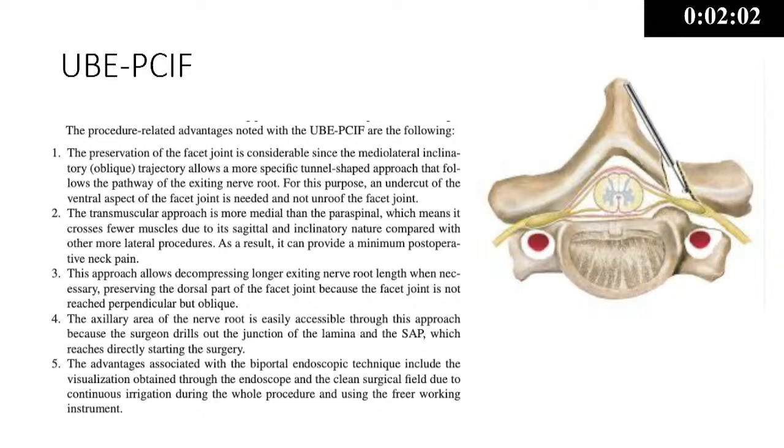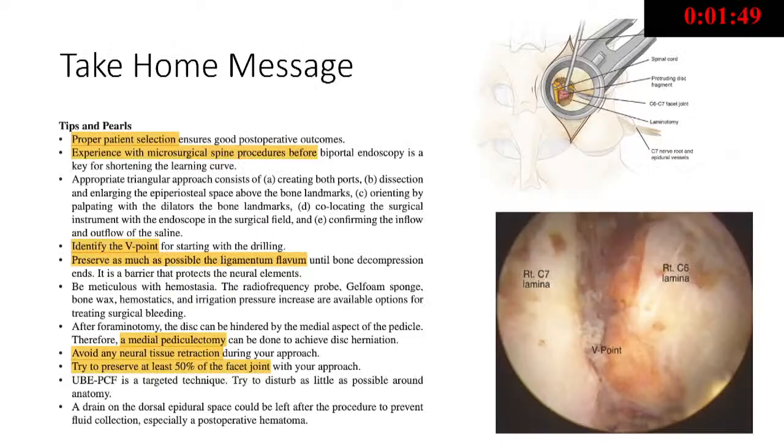The V point is reached mediolaterally and inclinatorily, different from the posterior paramedian approach, which addresses dorsally. What are the advantages? There is more preservation of the facet joint and less damage to the muscle. In the literature it says we can allow a longer decompression of the exiting nerve root.